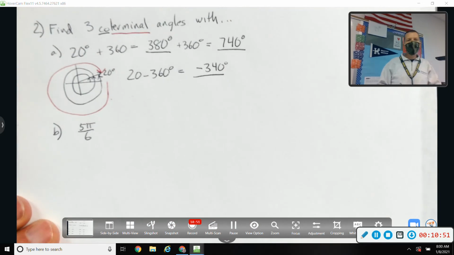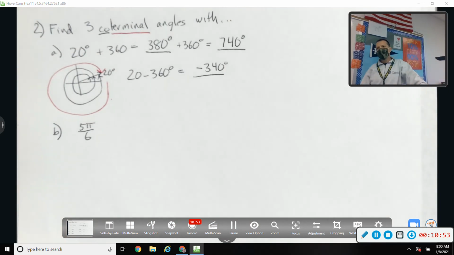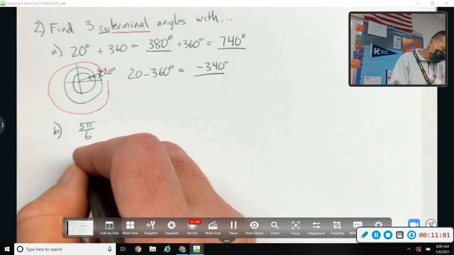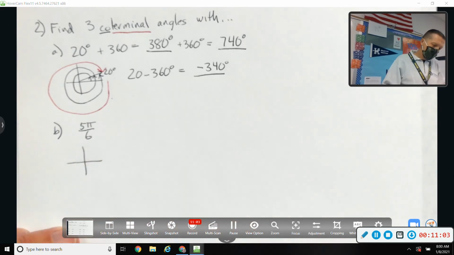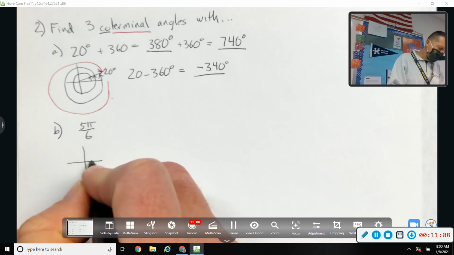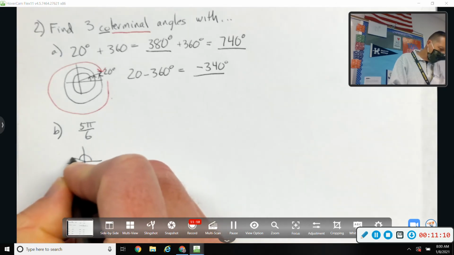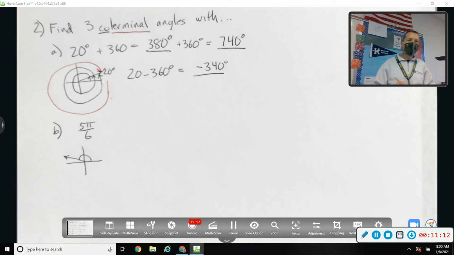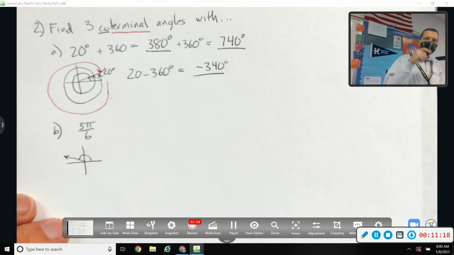All right, let's do one with 5 pi over 6. So exact same thought process, a little bit harder because we're not familiar with radians. We don't like adding 2 pi and subtracting 2 pi, but it's the same thing. Let's see, 5 pi over 6 would be not quite the pi. So right there. It didn't ask us to draw it, but that helps sometimes. So let's add 2 pi, because that would be a full spin.